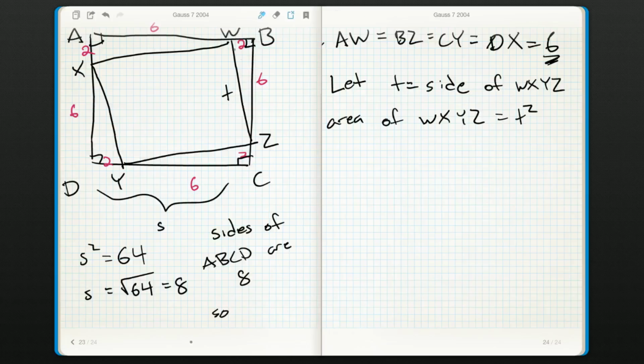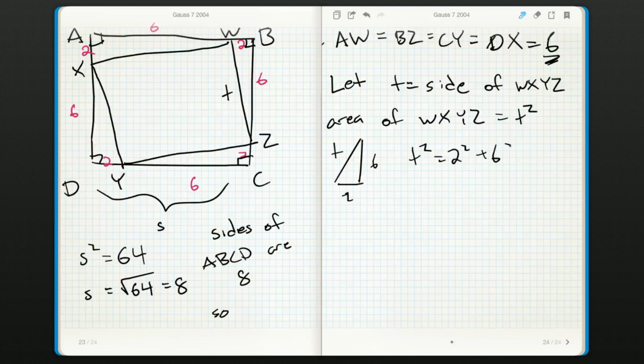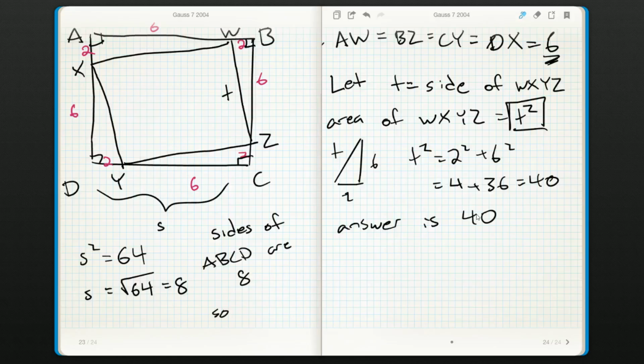And we can use the Pythagorean theorem on the triangle with sides 2 and 6 to work out that T squared is 2 squared plus 6 squared. And hey, that's 4 plus 36. That's 40. I don't actually need to know what T is, because what I wanted was T squared. So our answer is 40. And I think that was one of the possible answers. Yeah, it was D.